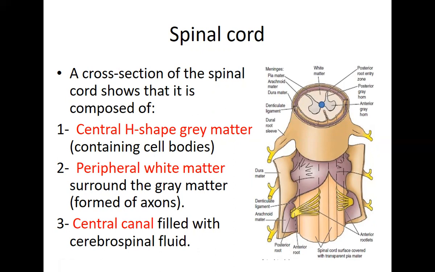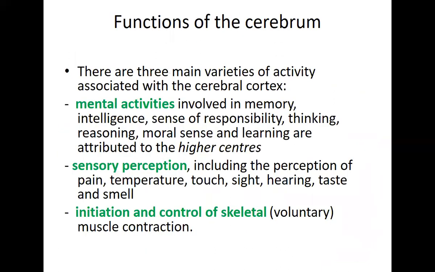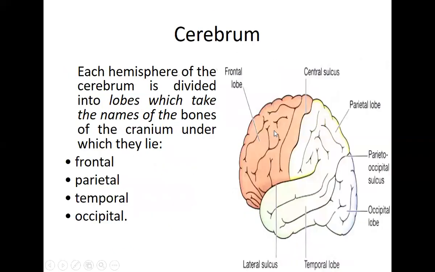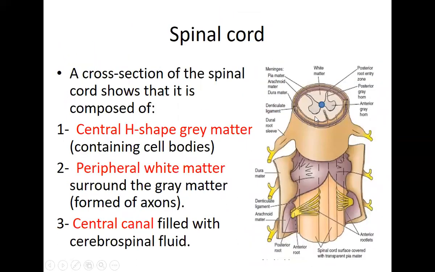But in the cerebrum, the gray matter is outside and the white matter is inside, as we saw before. Here in the spinal cord, it is the opposite. The gray matter is inside, which is the H-shaped gray matter, and outside we have the white matter.